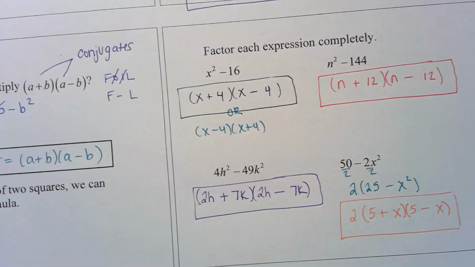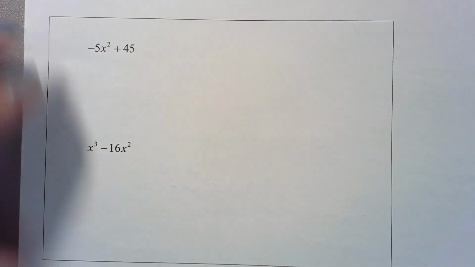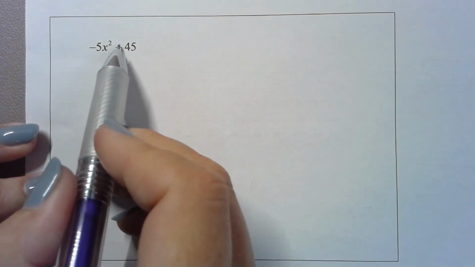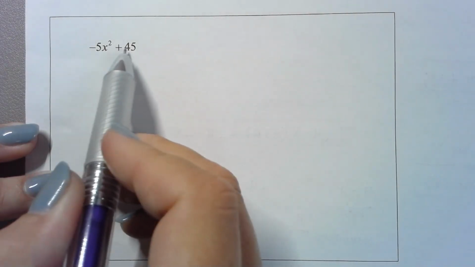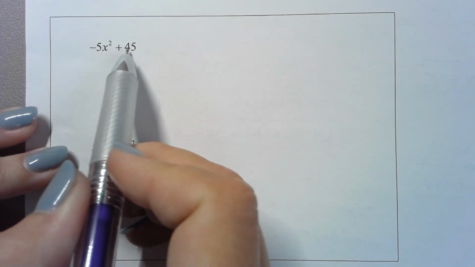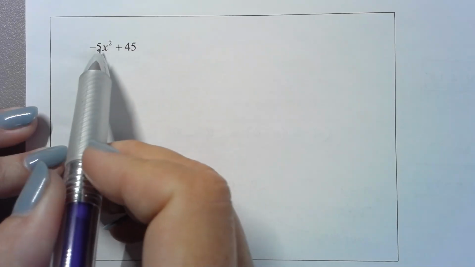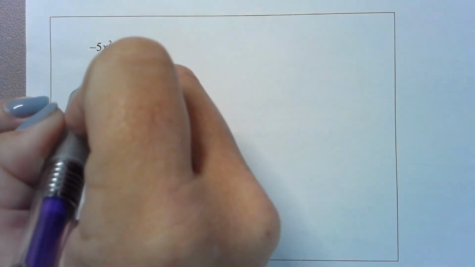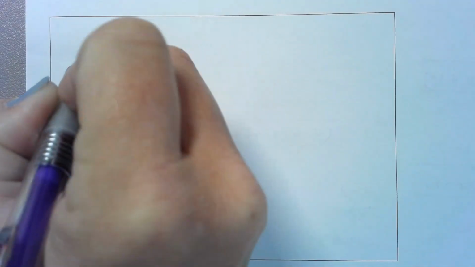Okay. Now, let's take a look at this next one. All right, so again, we're still asked to factor. I have negative 5x squared plus 45. First of all, I notice that it's not a difference of perfect squares. What I do notice is that they both have a 5 in them. In fact, one of the things I said earlier is if the first term is negative, I'll probably take the negative out with it.